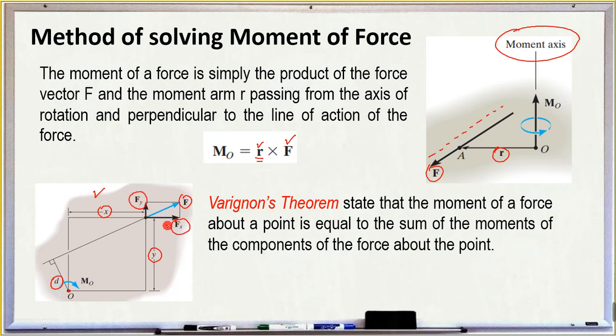So here, si fx nga component na siya perpendicular distance with respect to our axis of rotation, which is equal to y, and this is our r for fx. And for fy, perpendicular distance with respect sa ato ang axis of rotation, that is our x. So mao na ato ang r for fy.